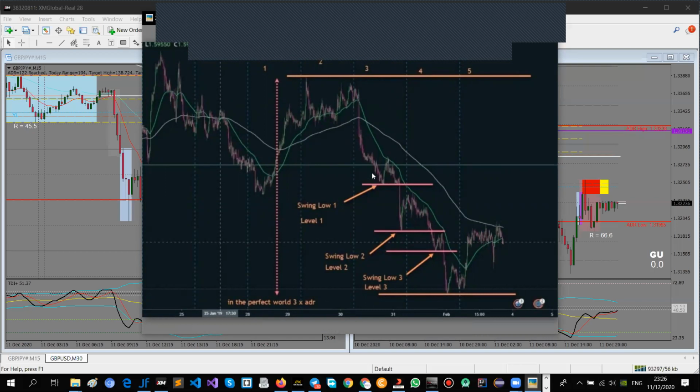So price gave a swing low, the first lower low, then went on to give a higher high, and that's our first level. That's our first level right there.